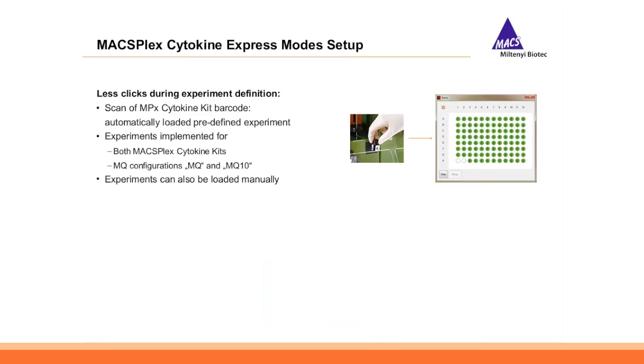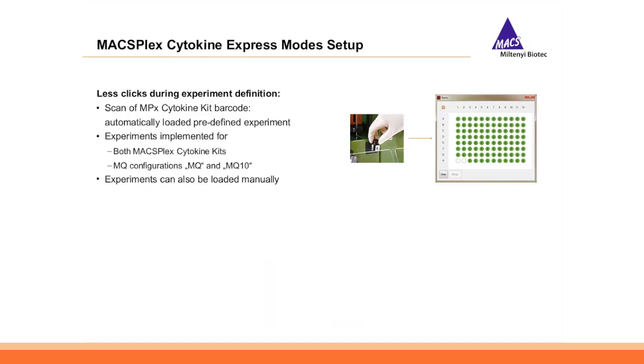Now I will show you how to set up a MACSPlex Cytokine Express Mode experiment. So we have implemented in the software predefined experiments for our MACSPlex experiments. And those can be uploaded automatically when you scan one of our MACSPlex detection barcodes. So for example, the barcode that is on the vial of the capture beads or on the vial of the detection agent.